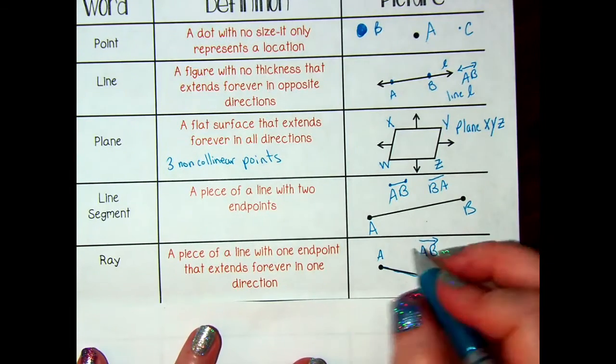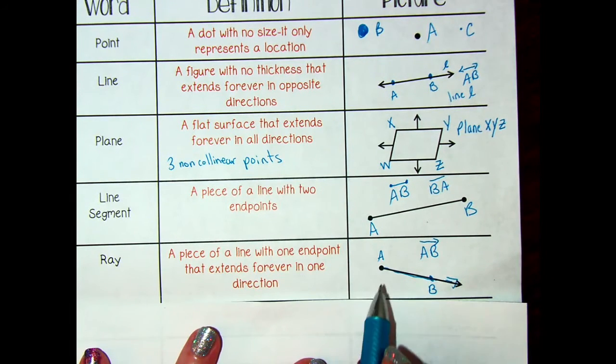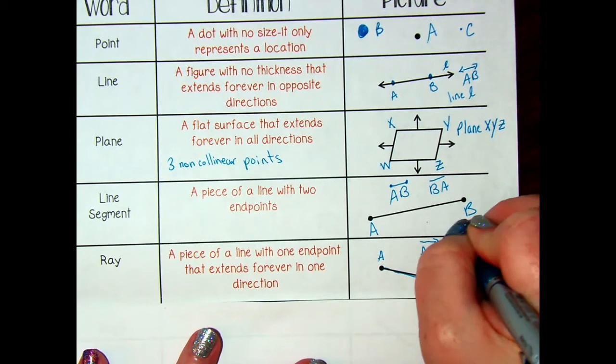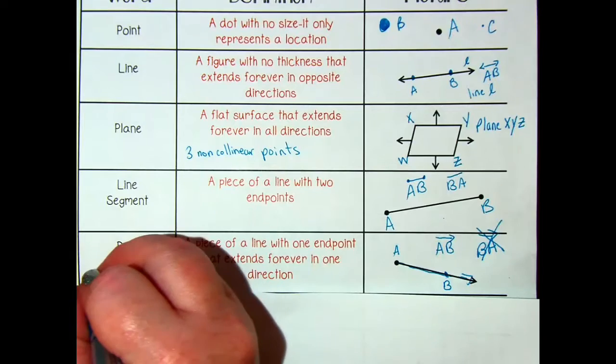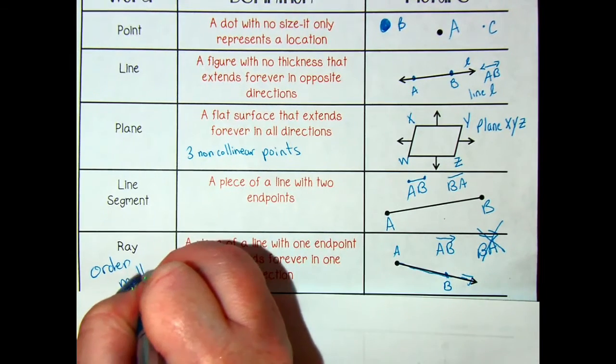Please note, if I try to turn this around and start at B and go to A, it stops at A. So there's only one correct way to write this. BA is incorrect because in rays, order matters.